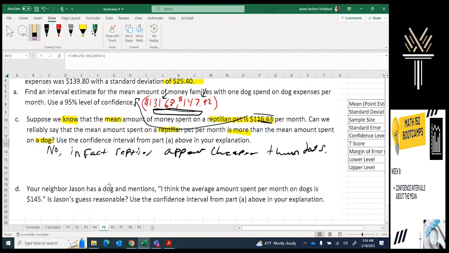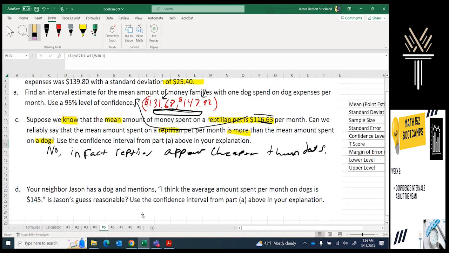Down in part D here, we see that Jason is saying that he thinks the average amount is $145. Does this appear reasonable? Well, is 145 between our two numbers? Absolutely.